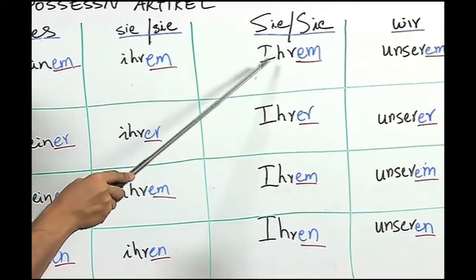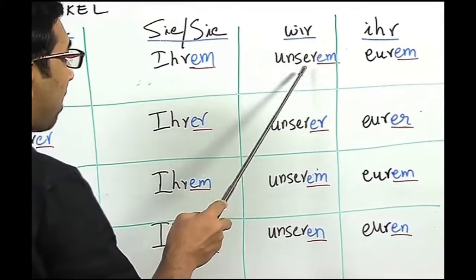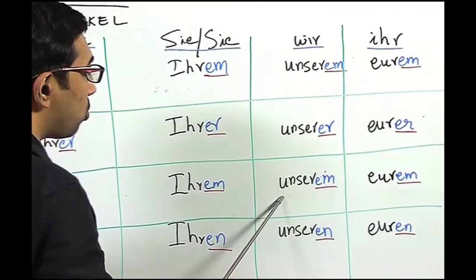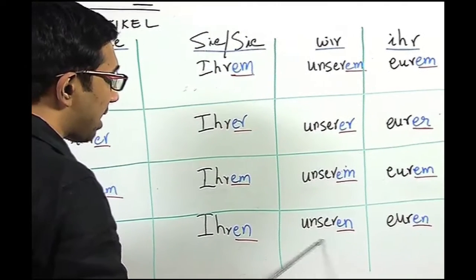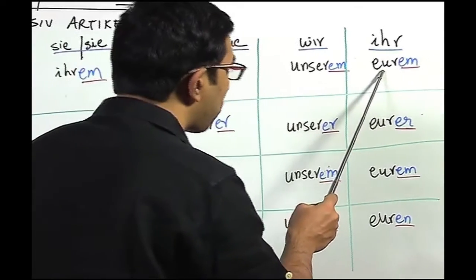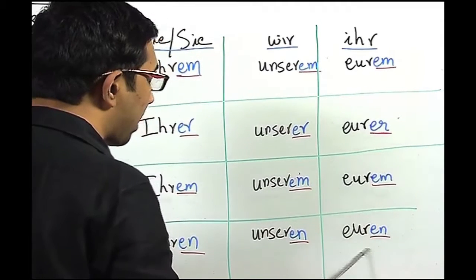If S is big, I is also big. And for the pronoun wir, we have the possessive article unserem, unserer, unserem, and unseren. And for ihr, we have eurem, eurer, eurem, euren.